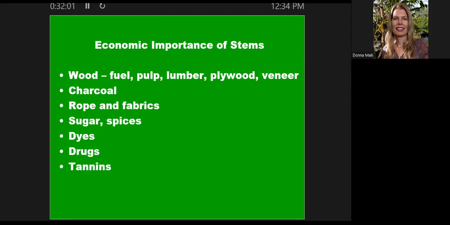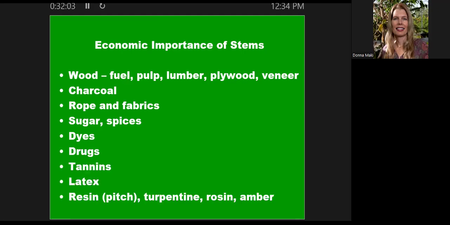Dyes and drugs and tannins, so all kinds of uses. Your book gets into this. I'll be asking about stuff like this on the exam, so make sure that you give it some thought. I want you to think about all the wonderful things that we've used from this part of the plant.